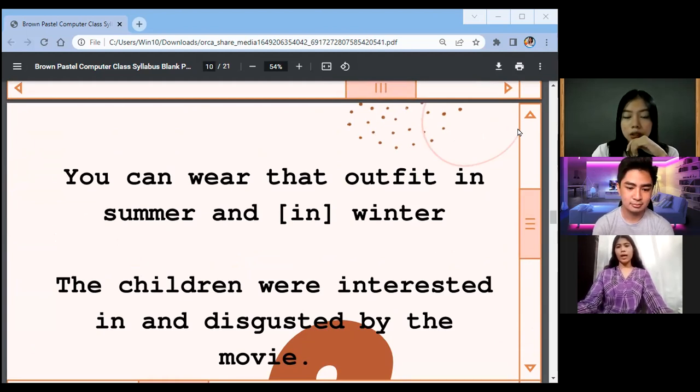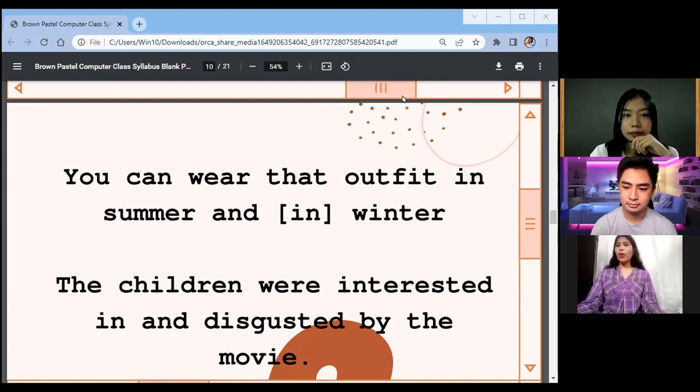So sentence one is, you can wear that outfit in summer and in winter. The second sentence is, the children were interested in and disgusted by the movie. Let's have Miss Kalimlim identify the preposition in the first sentence. The preposition in the first sentence is in.